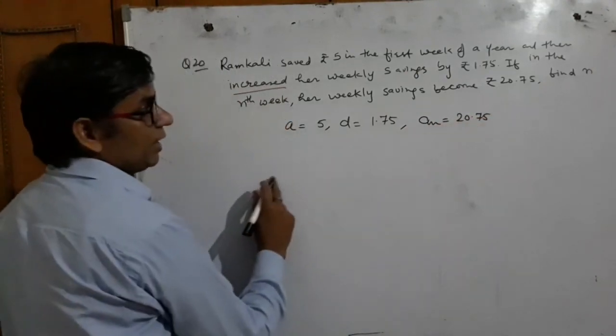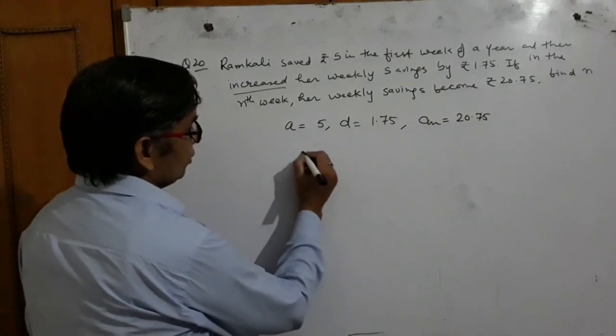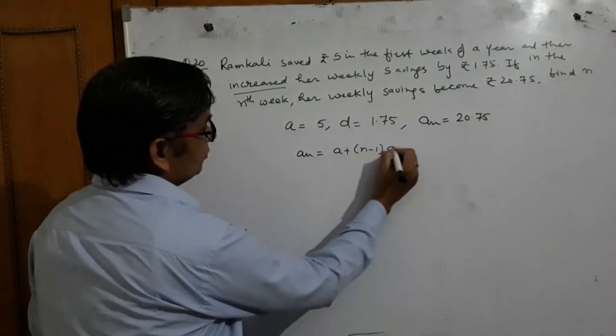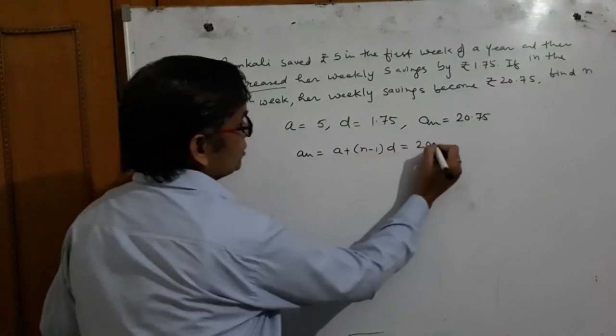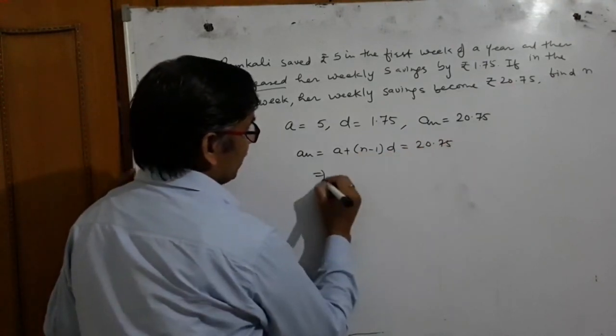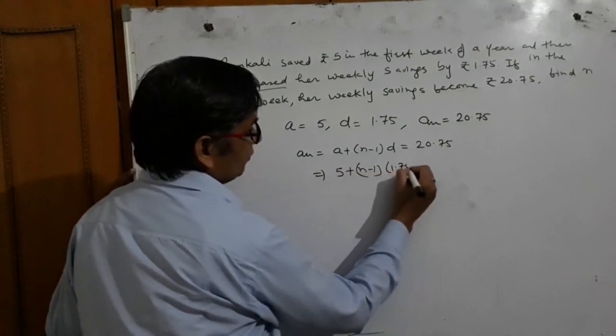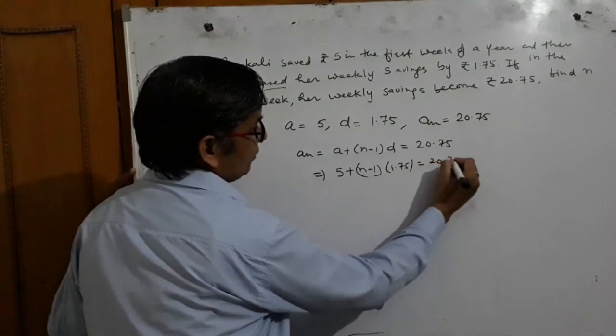So we have to find n. So an equals to a plus n minus 1 into d equals to 20.75. a is 5, n find करना है, d is 1.75 equals to 20.75.